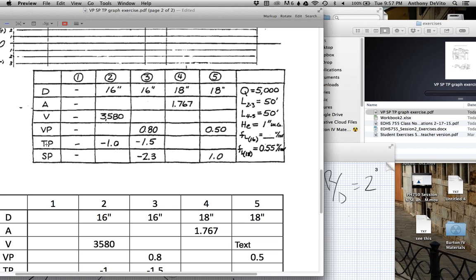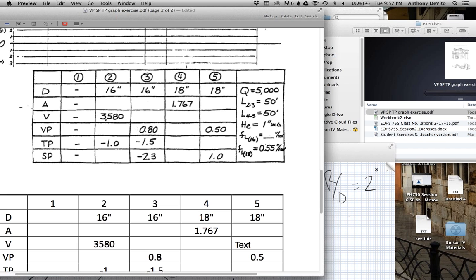Total pressure is equal to velocity pressure plus static pressure. If we know two of them, we can solve for the third. So we know the velocity pressure, which we figured out from the velocity, and we solve for the static pressure, and I think it came out to be a pretty small number, like -0.2 or something like that.